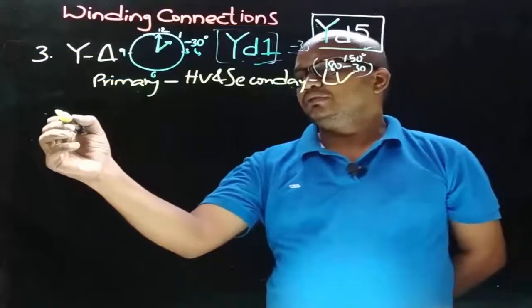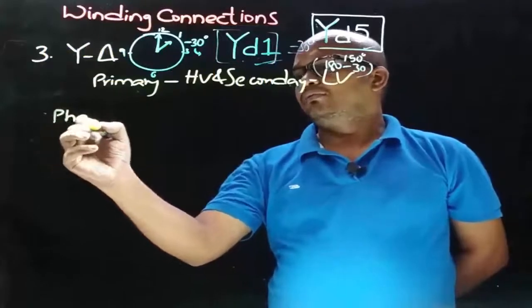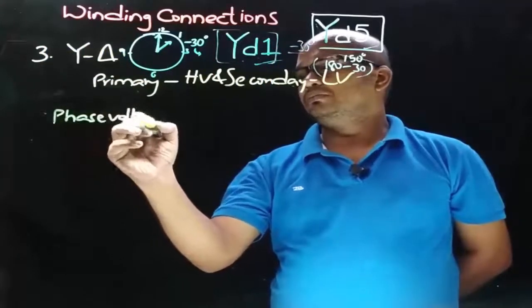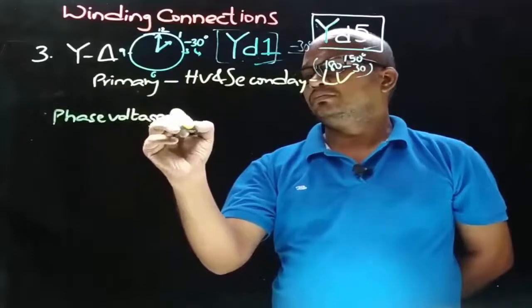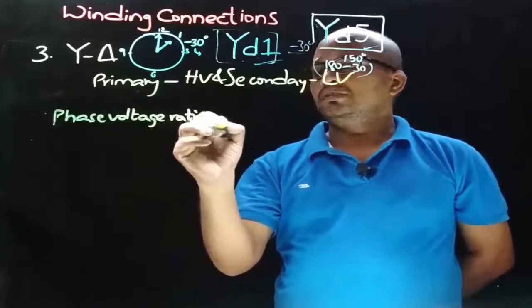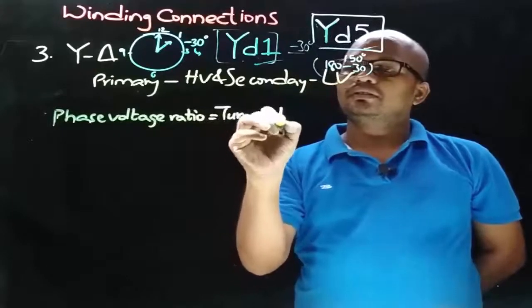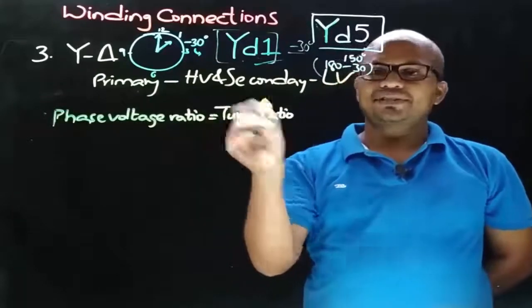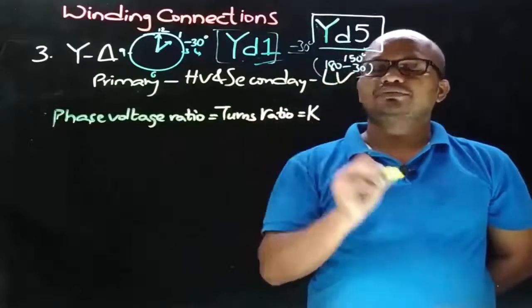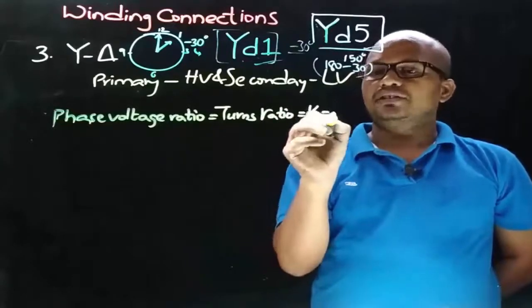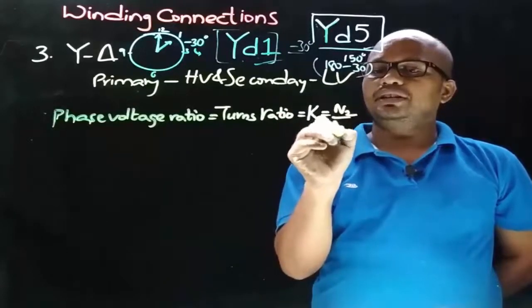Now let's know the phase voltage ratio, which can be taken as equal to turns ratio, that is similar to that of single phase transformer, and which is represented with K. So that is equal to N2 by N1.